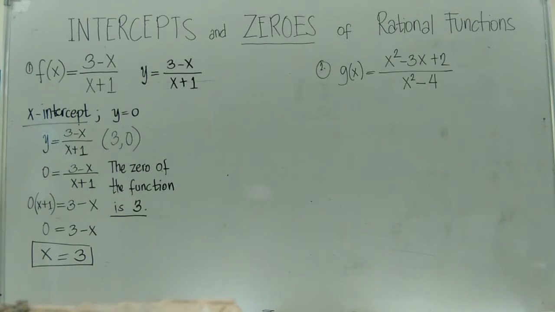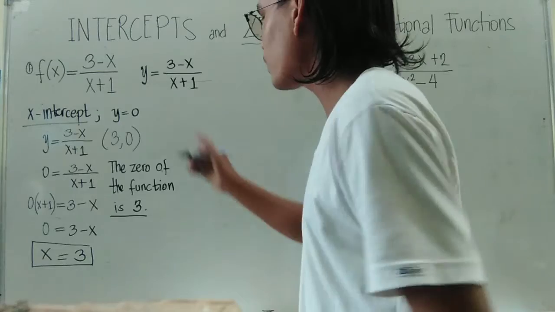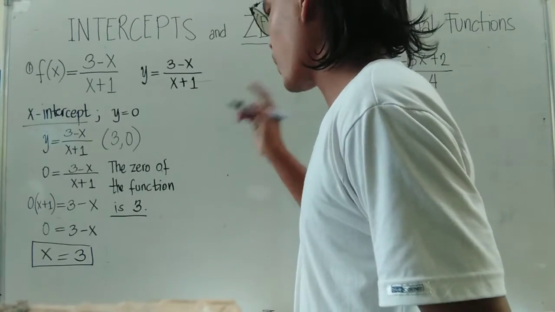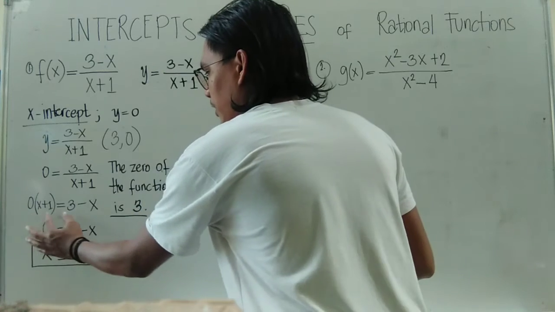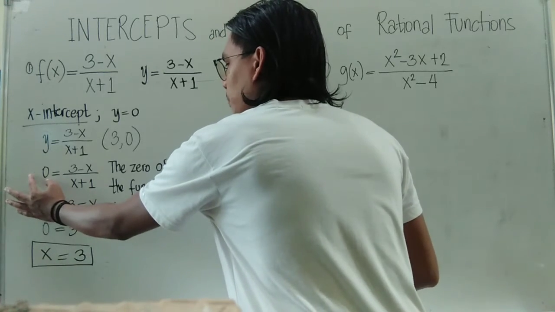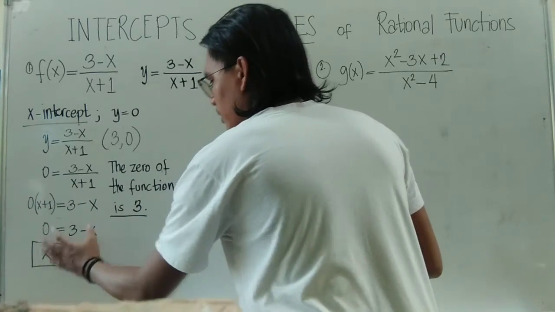Okay? Before we proceed to solving your y-intercept, let us go back on our solution or procedure in solving your x-intercept. I will give you some hint on how to make it more shortcut. So here, we have your denominator cross multiplied to 0, and then your denominator becomes 0.